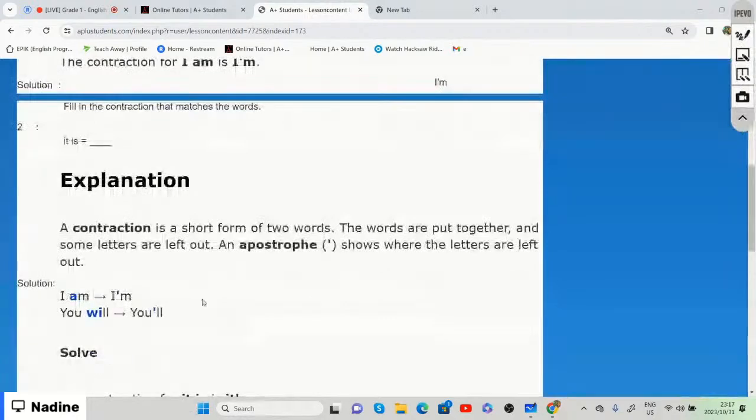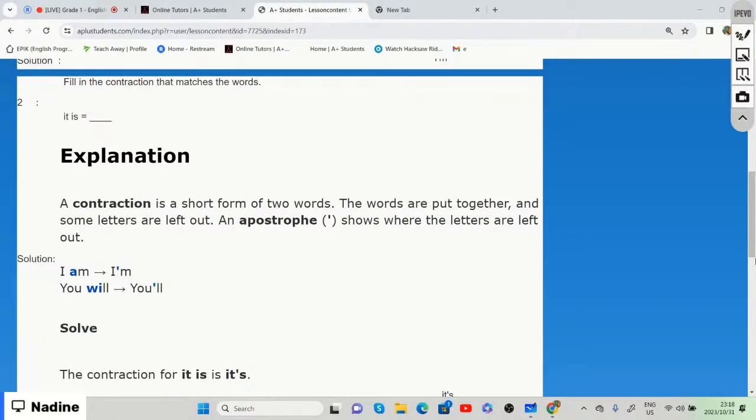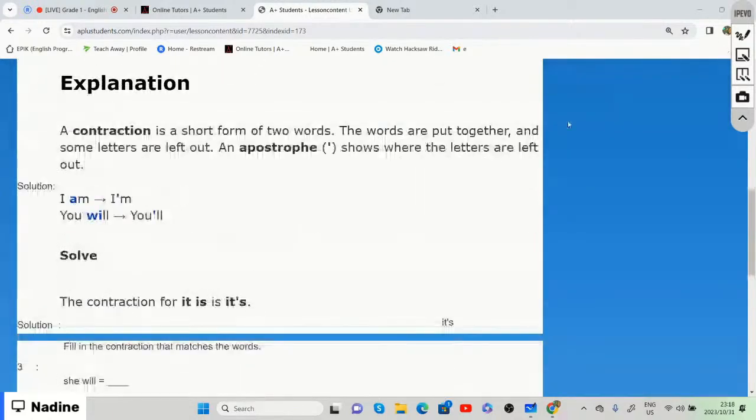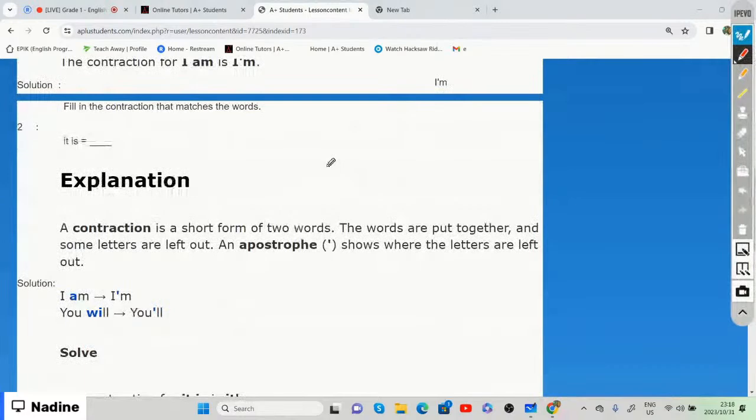It is. If we look at that, how do you think we can write that in the form of a contraction? It is, right? Remember, the first word stays the same, which is it.